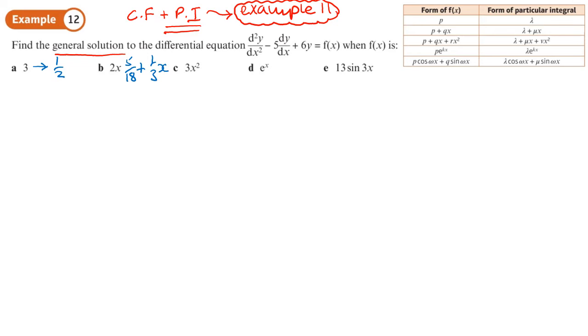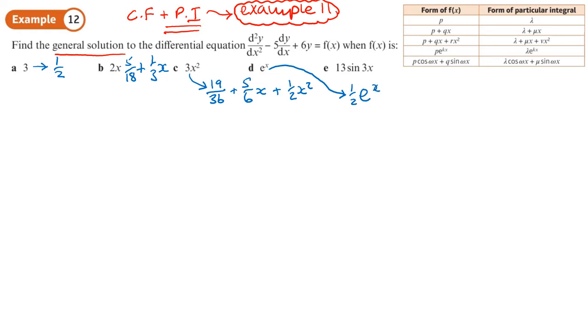For C, the particular integral was, let's write it down here, 19 over 36 plus 5 over 6x plus a half x squared. For D, let's do that here, that was a half e to the x.